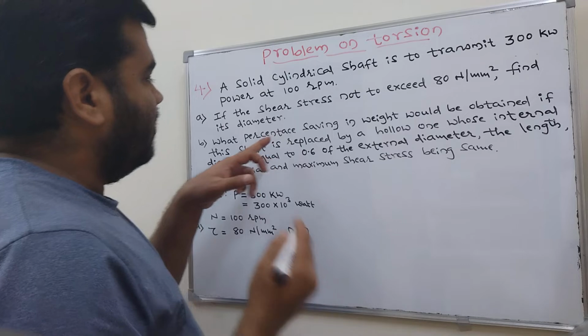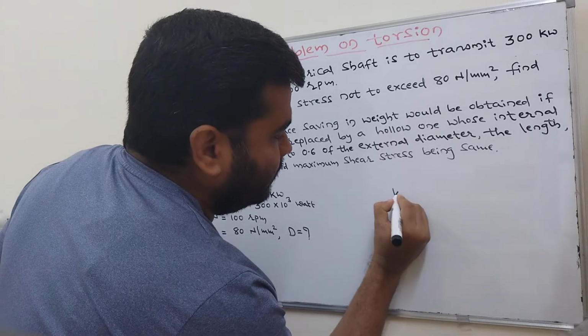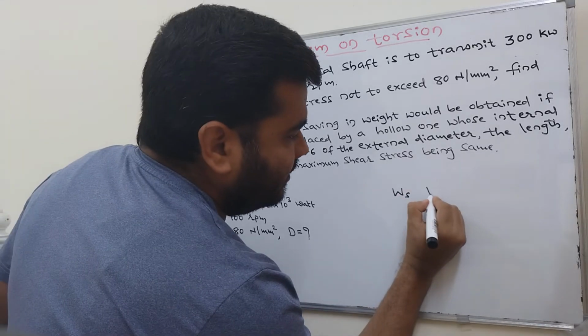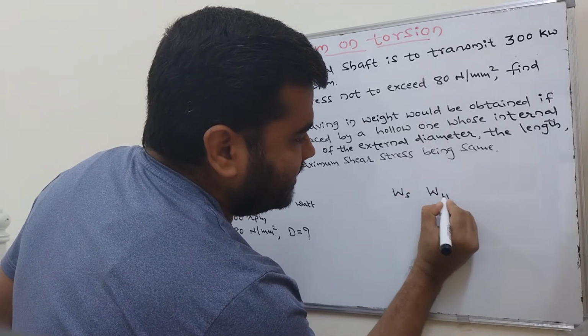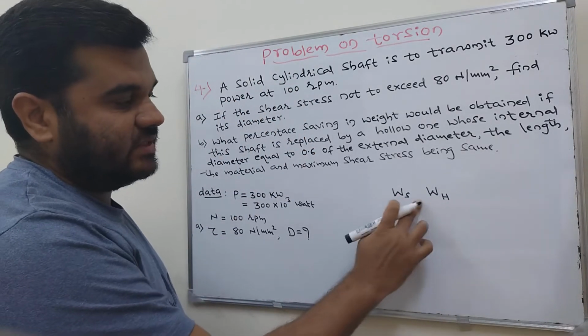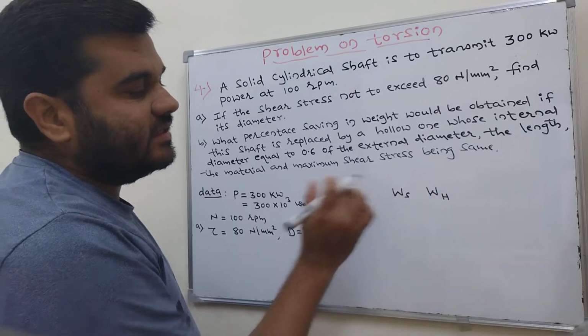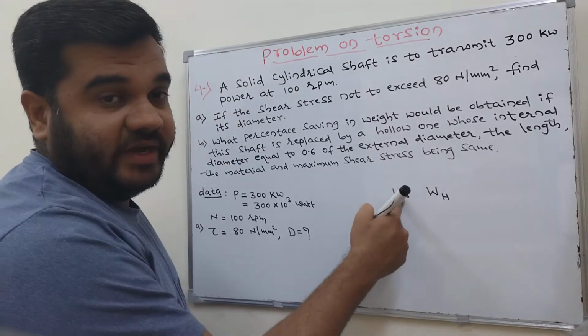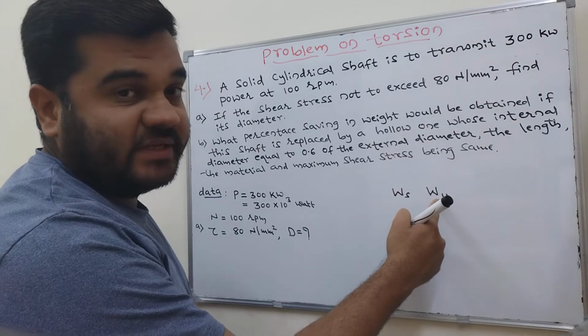I'll write: suppose WS is the weight of the solid shaft, and WH is the weight of the hollow shaft. If I take the symbols like this, the weight of the solid shaft is more, the weight of the hollow shaft is less, right?